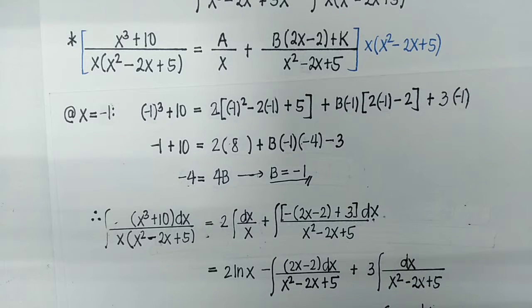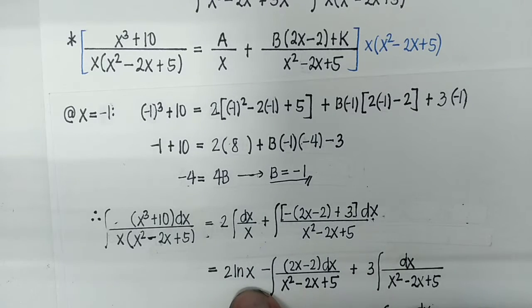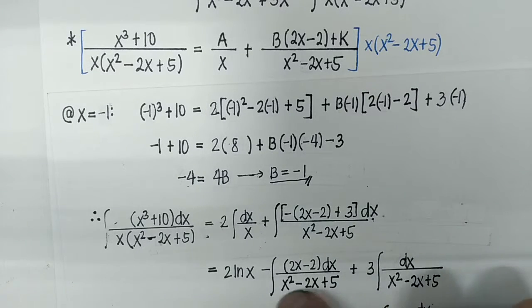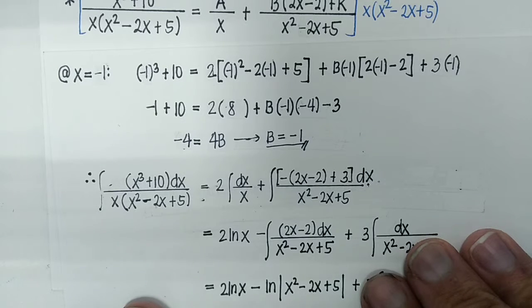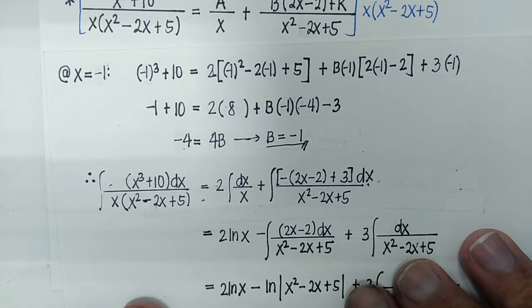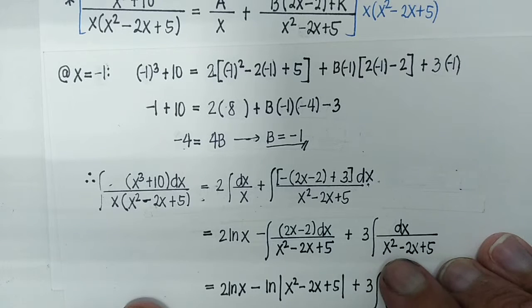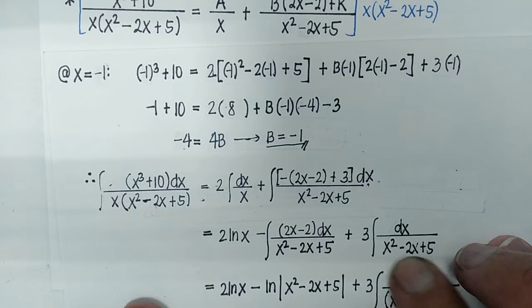Now, the integral of dx over x will give us the ln of x. This one, since we already have the derivative of the denominator up here, this second integral is also a natural logarithm. And as for our third integral, all we need to do now is to try to complete the square over here so that this third integral can be evaluated as an inverse trigonometric function, namely the arctangent.